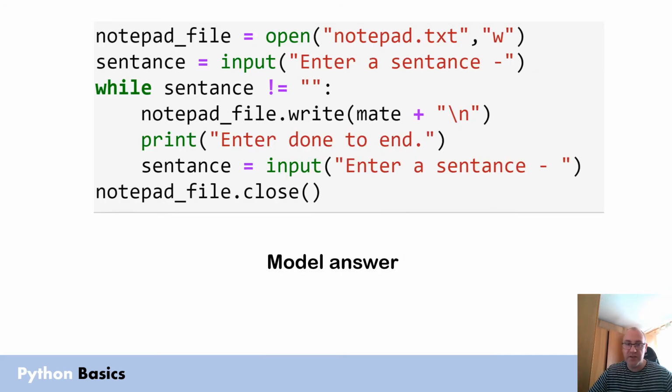So here's the model answer. As I said before, there's very few changes. We've changed the name of the file we're creating, so that is literally just changing that. We've changed the name of the variable just to make it more readable. We've changed the name of the variable here again, sentence instead of mate. And then we've made changes here.